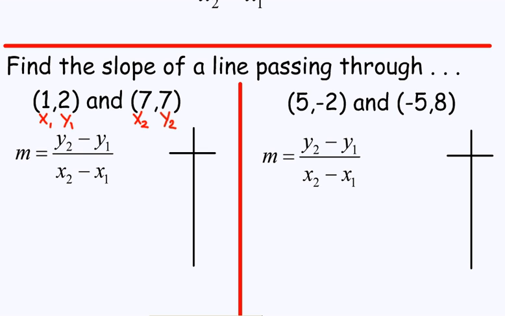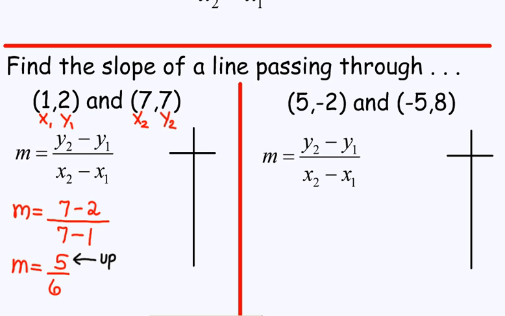So I take those points and I plug them into my formula here, 7 minus 2 over 7 minus 1, slope equals 5/6. So what that means is on a graph, if I were starting at any given start point, my move from there would be to move up on your y-axis 5 units and to the right on your x-axis 6 units.